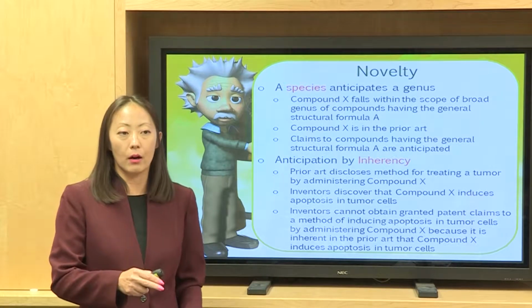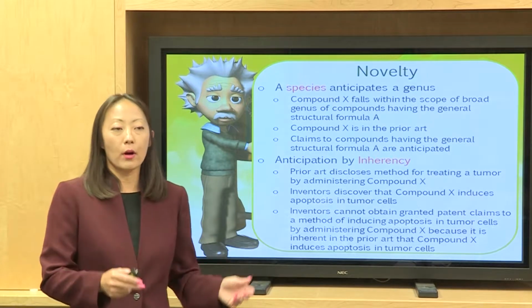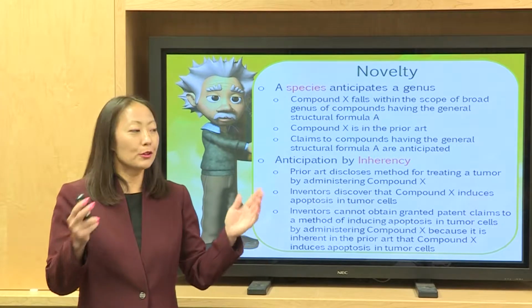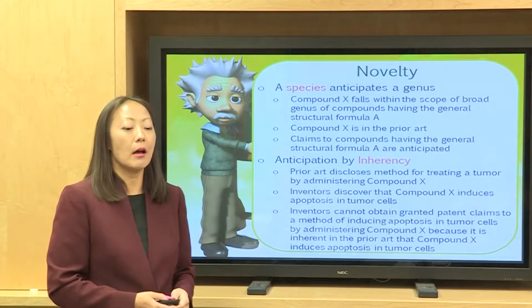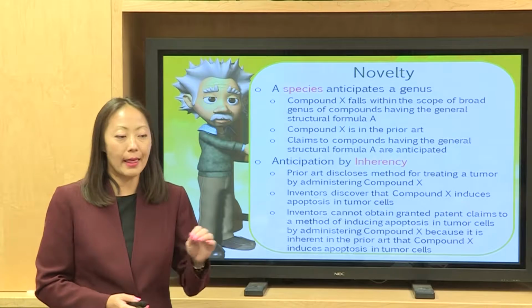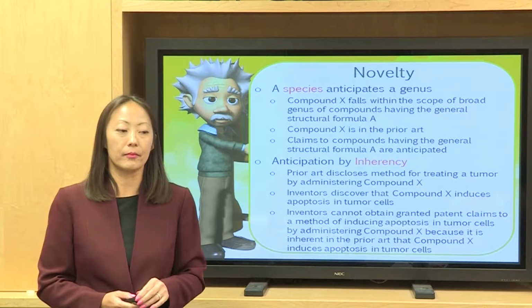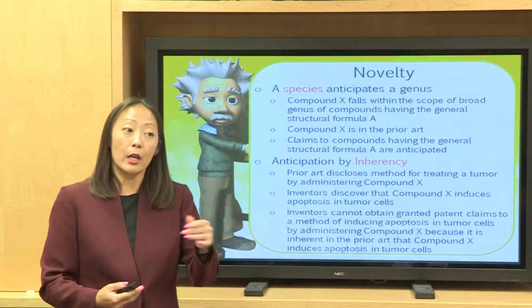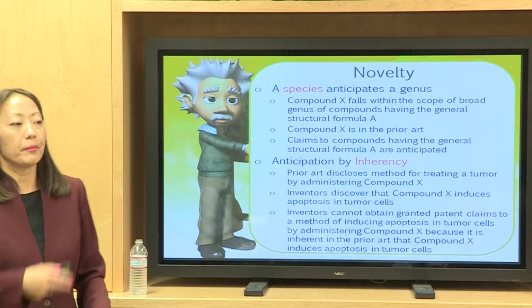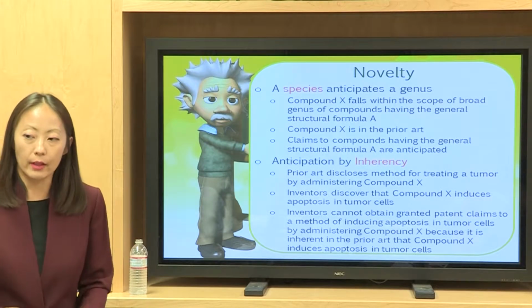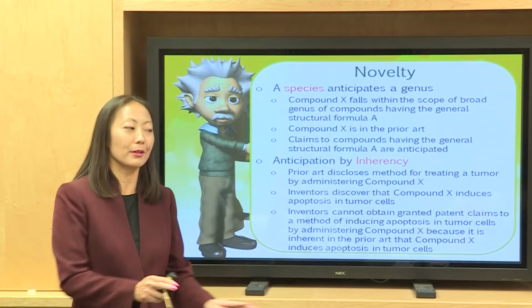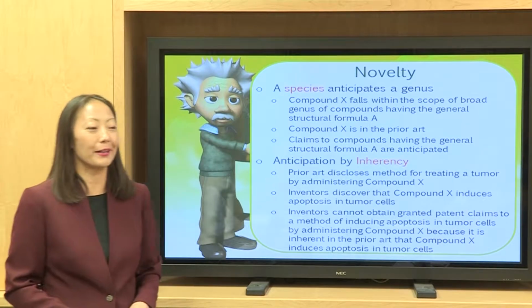So if there is a compound in the prior art, and you're trying to claim a broad, general structural formula class of compounds, but there's this one very specific compound that's in the prior art, that anticipates the genus that you're trying to claim. However, the reverse is that if the prior art only discloses a genus, you might be able to get claims to very specific compounds, even though they fall within that genus. There are some other issues there, but this is just the basics of patent law so that I don't bore you to death.